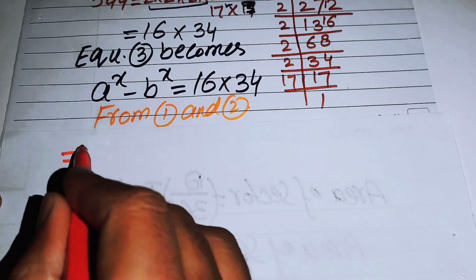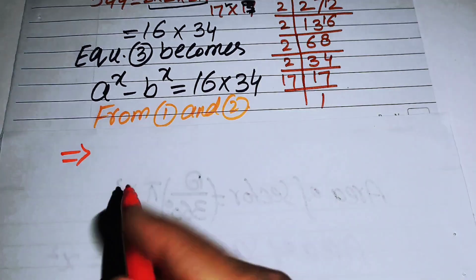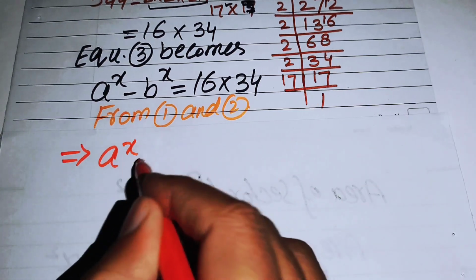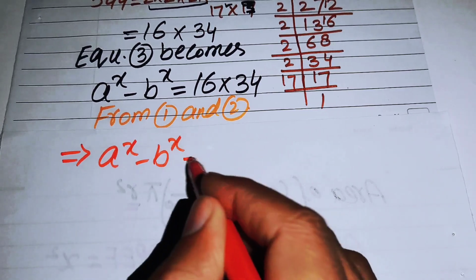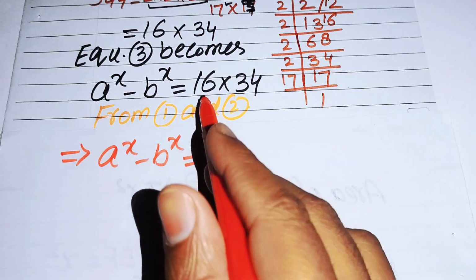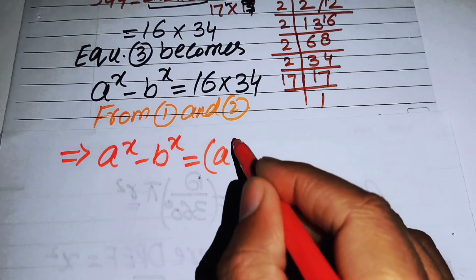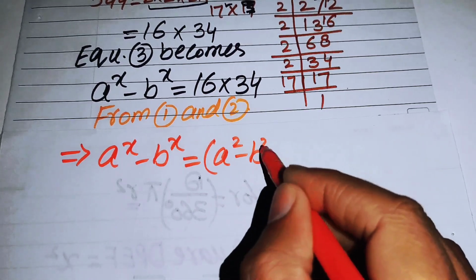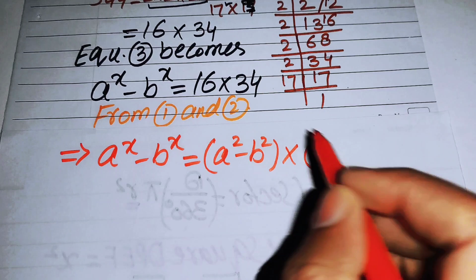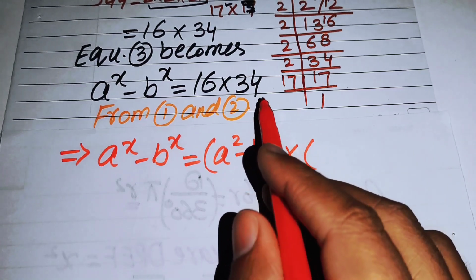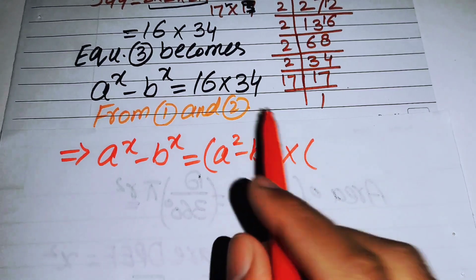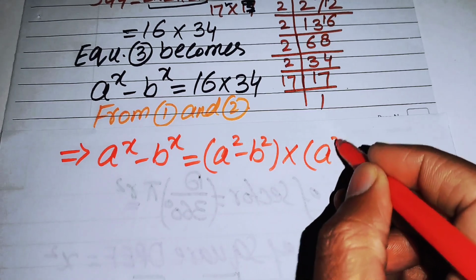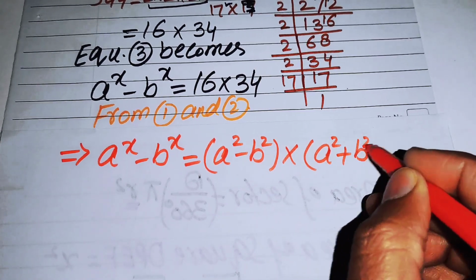We substitute these values in the equation, and we get a to the power of x minus b to the power of x equals 16, where 16 equals a squared minus b squared, multiplied by 34, where 34 equals a squared plus b squared.